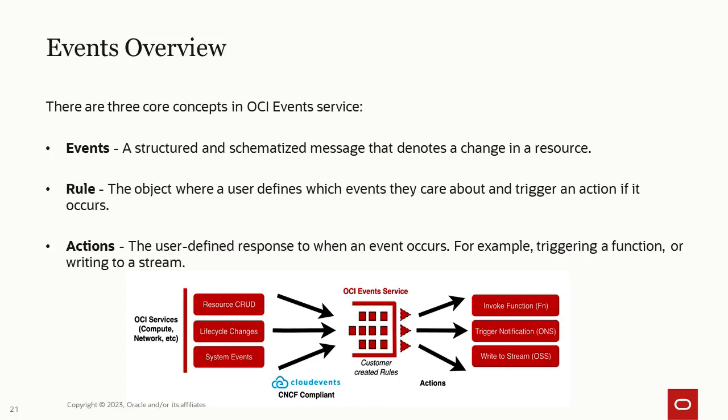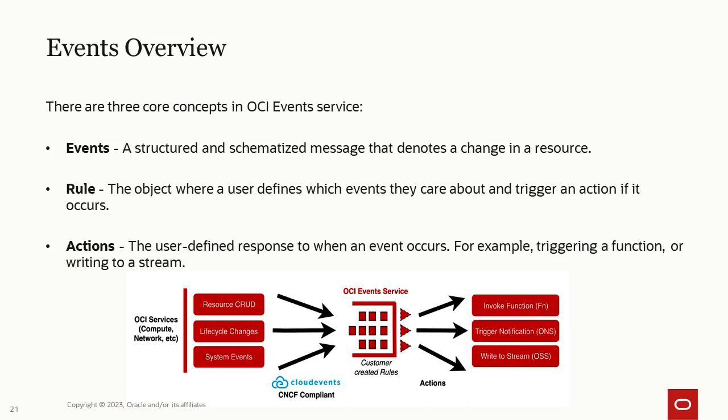We have rule as another concept. This is the object where a user defines which events they care about and triggers an action if it occurs. And then lastly, we have action. This is the user-defined response when an event occurs. Something like triggering a function, writing to a stream, triggering notifications. Those are all examples of actions.